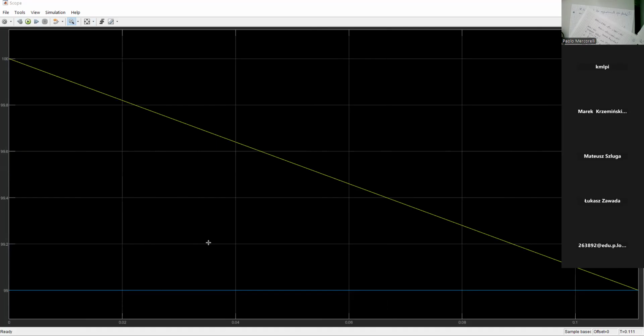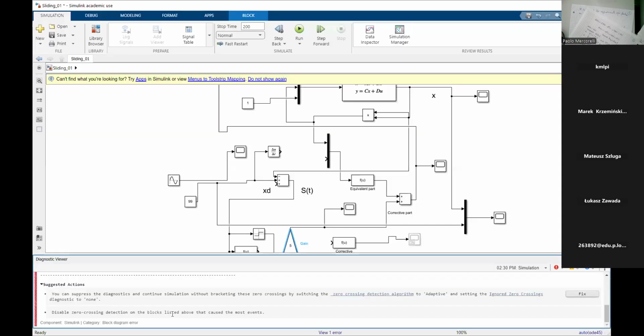Yeah, look in Simulink what we have now. Let me show you. Zero crossing means this switching, multiple zero crossing. This means we have to be able to disable this.